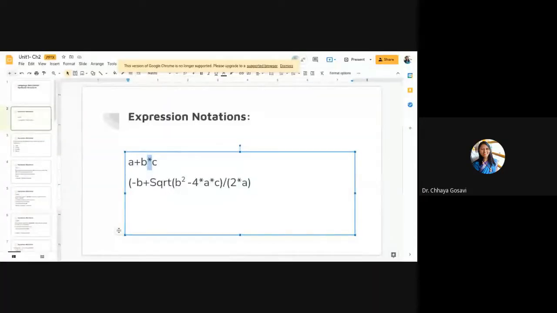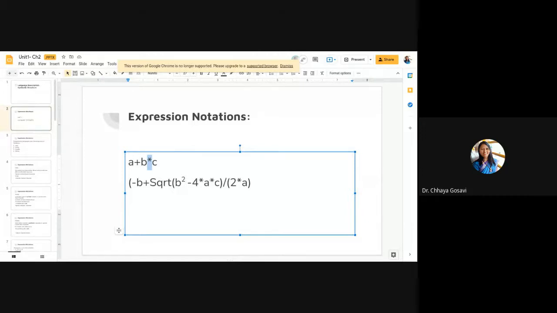Coming back to our slides. Normally this is the expression A plus B star C, how we write. Now we want the programmer or the machine to understand this expression. Some languages have different characters for these different operations. For example, star can be used as a raise-to operator, or star can be used as a pointer operator.